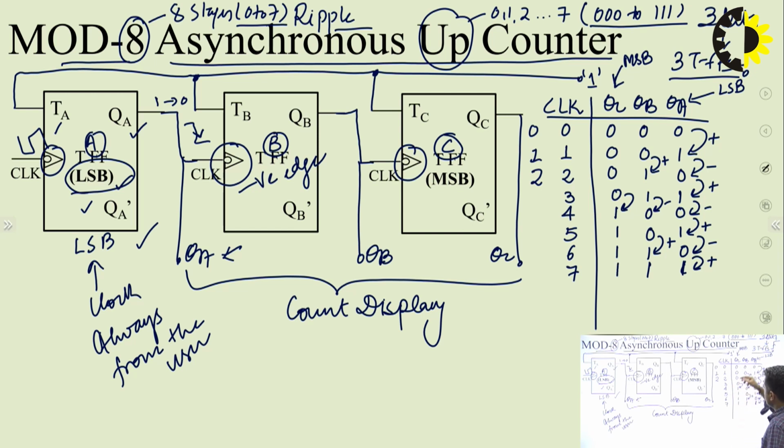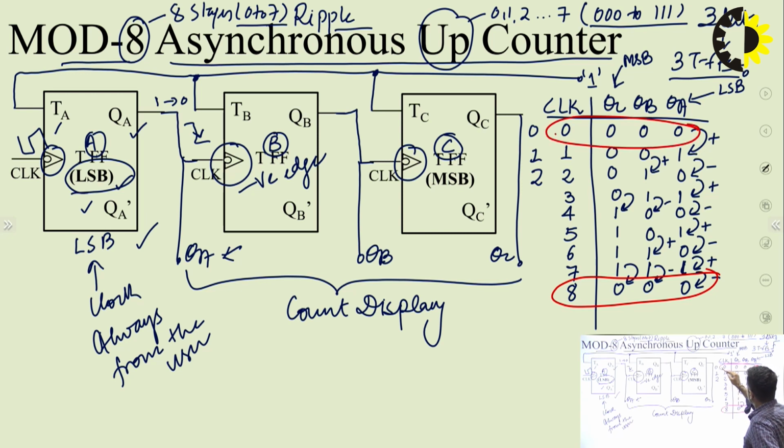So you can check that 0, 1, 2, 3, 4, 5, 6, 7, all these counting states are getting generated. And in case we apply one more pulse, you can check here, this 1 to 0 is negative. If it is negative, then it can also toggle. Now this is also negative, that means further it can also toggle. You can check that in the last stage, this and the first one are the same.